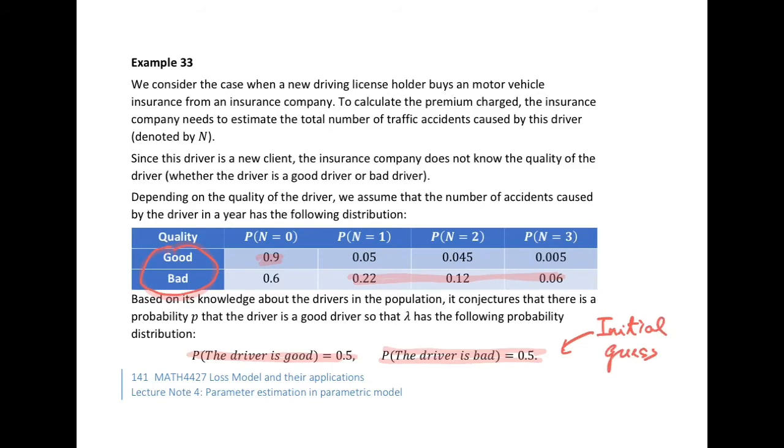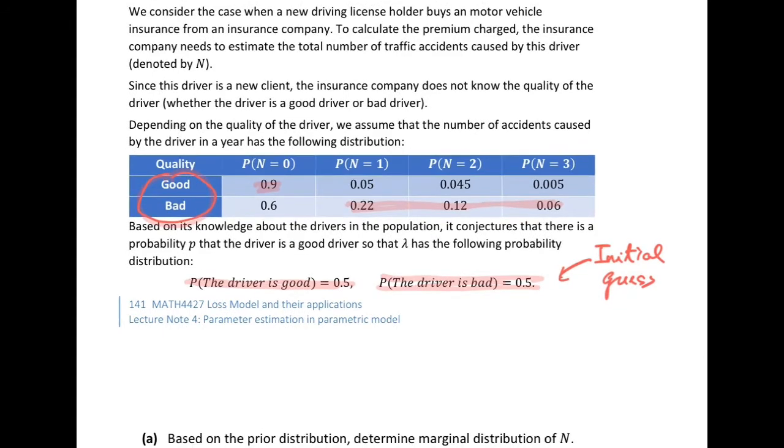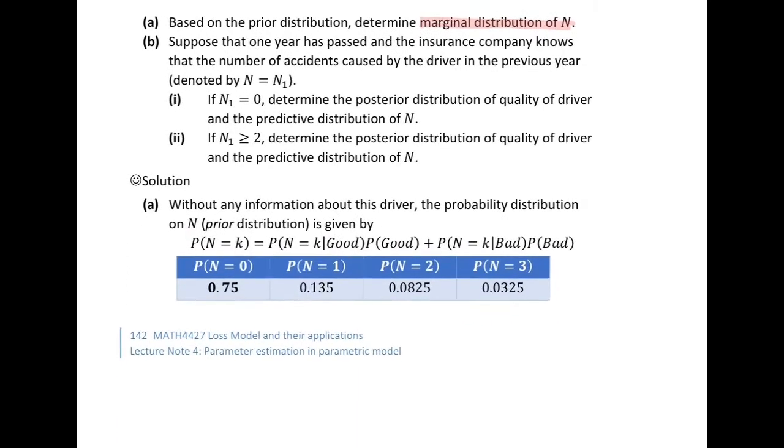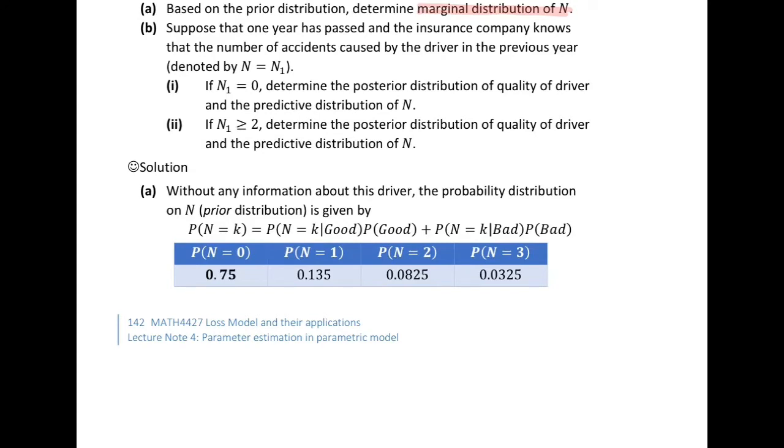Now, given this initial guess and the prediction on the distribution of N for different types of driver, what I want you to do first is to use that to derive the distribution of N for this new car. To do that, it's actually not that difficult. Given the initial guess, remember you can calculate this distribution of N through the law of total probability.